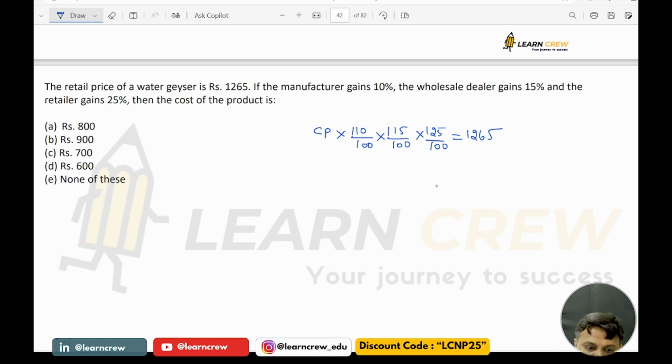1265. So how much are you going to get here? Please simplify. 1265 divided by 5 is 253, then divided by 23 is 11, so you get 115 and 11 and then 2 into 2.